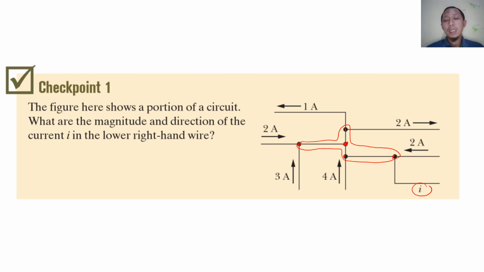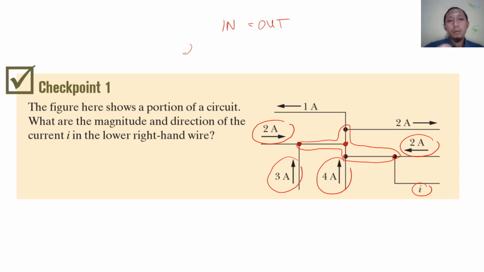So check the current going into the node, like this one, and this one, and another one here. In is equal to out. So the current in is 2 ampere plus 3 ampere plus 4 ampere plus 2 ampere, equal to 1 ampere plus 2 ampere.